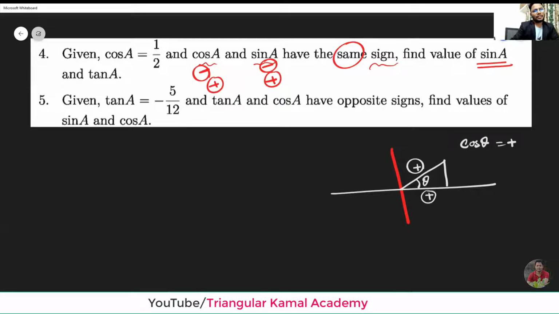And here sine theta, this is opposite by hypotenuse, and hypotenuse is also positive. So that's why in the first quadrant, sine theta is also positive. So now first step, if we consider the first quadrant, both cos theta and sine theta are positive. They have the same sign.